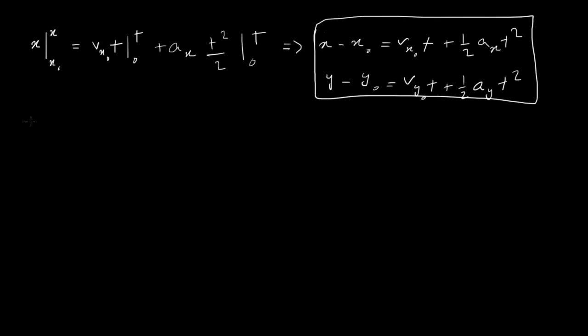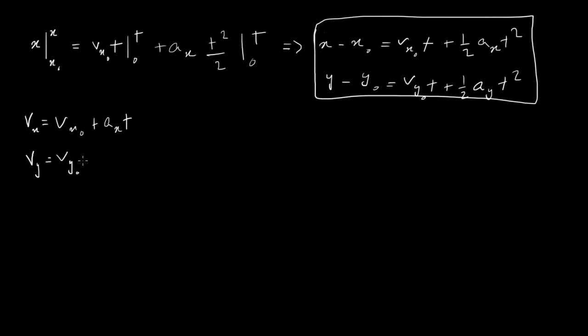So remember we also had another equation earlier. It was Vx equals Vx naught plus ax t, and for y I said just replace the x by y.